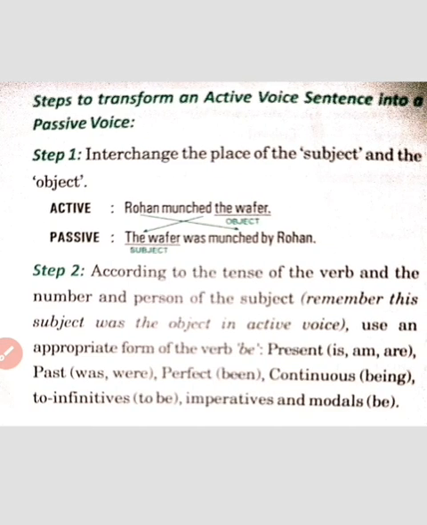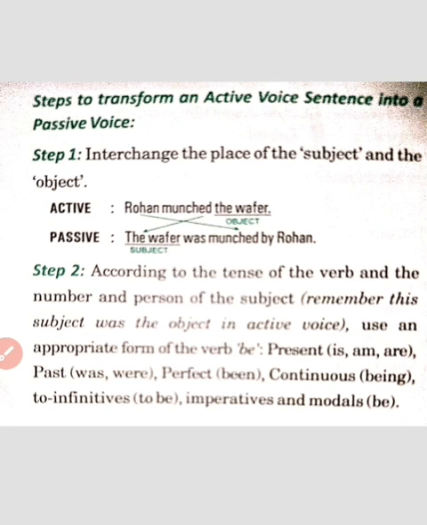Now, steps to transform an active voice sentence into passive voice. Step 1. Interchange the place of the subject and the object. Active voice is Rohan munched the wafer. Subject is Rohan. Object is wafer.